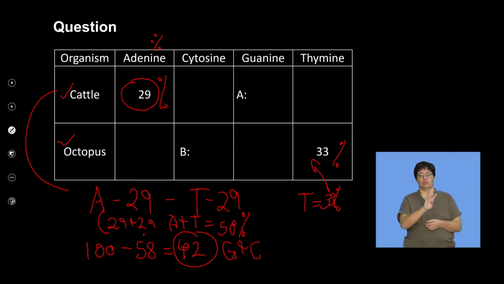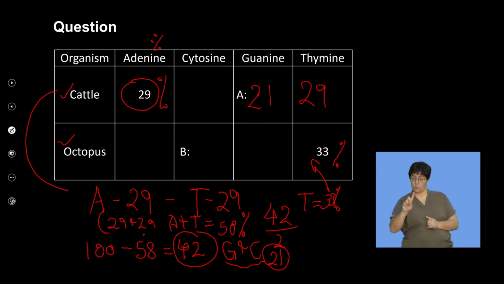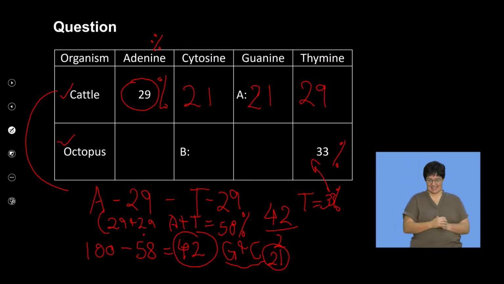This would mean that because guanine and cytosine are always equal, we would need to distribute that equally between the two. So we would divide that, and it would mean that each of guanine and cytosine constitutes 21%. So we've worked out that adenine makes up 29%, so thymine would be 29%, and guanine and cytosine would make up the balance of 21% each.